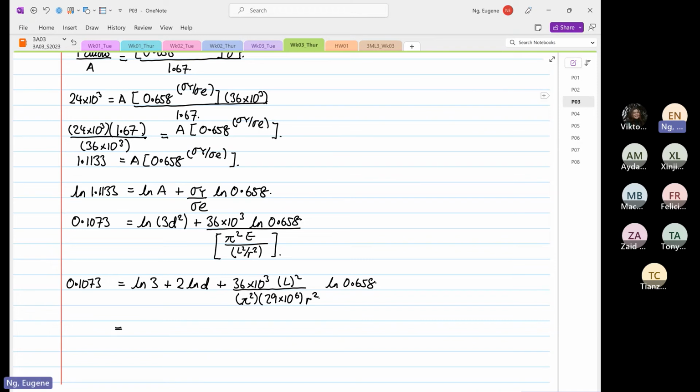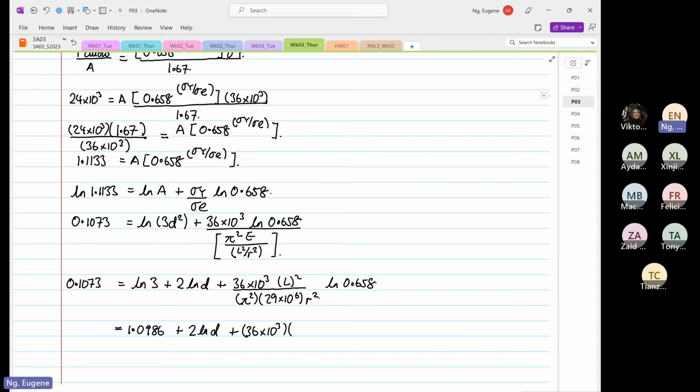Okay, so natural log of 3 is equal to 1.0986, plus 2 ln d, plus 36 times 10 to the power 3.